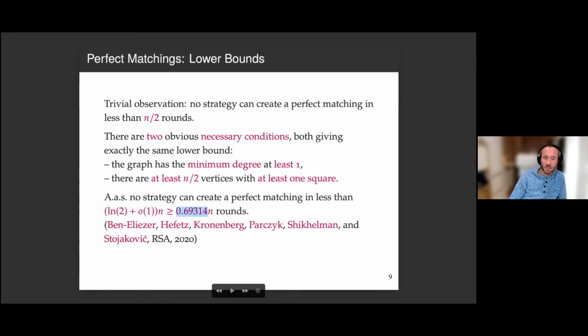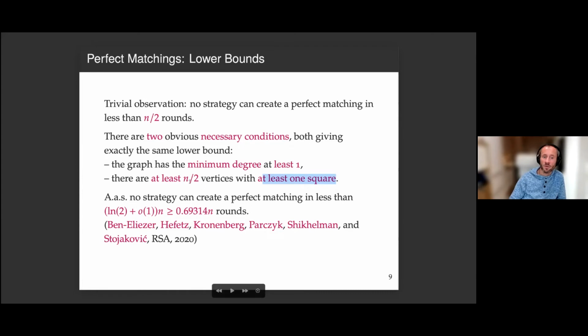So maybe one sentence about how to get there. I guess this observation is easy, right? You don't need anything fancy, because again, by the coupon collector problem, you can compute and use the second moment method to compute how many vertices without a square I have, and you get that after Cn rounds, you essentially get an e to the minus c fraction of those vertices not saturated.